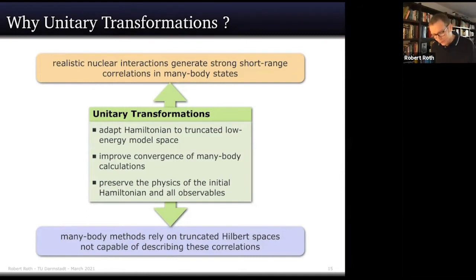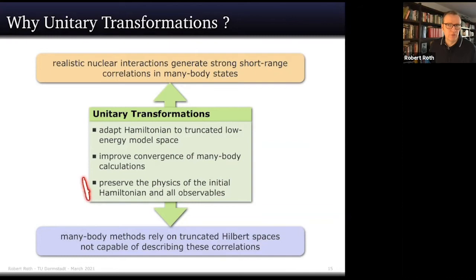And if you do this step from the original Hamiltonian to this adapted Hamiltonian via a unitary transformation, you have the extra goodie that you preserve all the physics that went into the construction of the Hamiltonian to begin with.